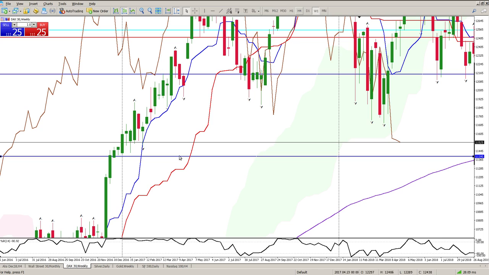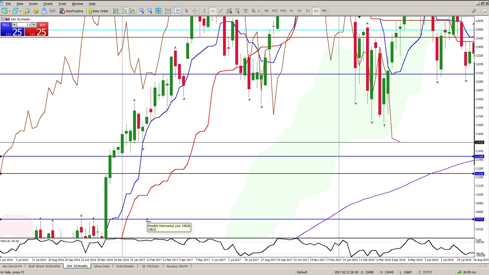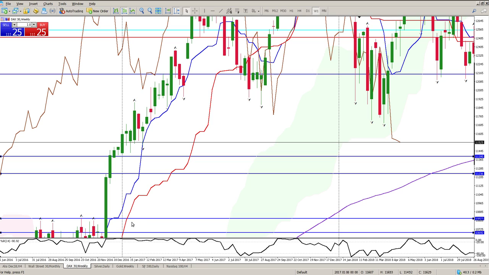On the weekly, just look to the left, and pretty much every inside tail. So you're going to start with that one, and then you are going to go to these over here, and then lastly you're going to go to this one here. Okay, so draw those in on your charts and you'll know exactly where you are. So your first one is obviously 11,395 or 11,400.